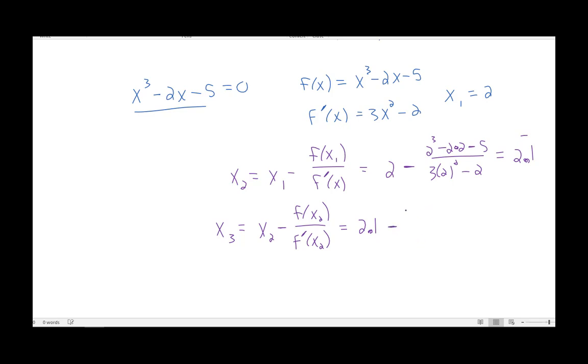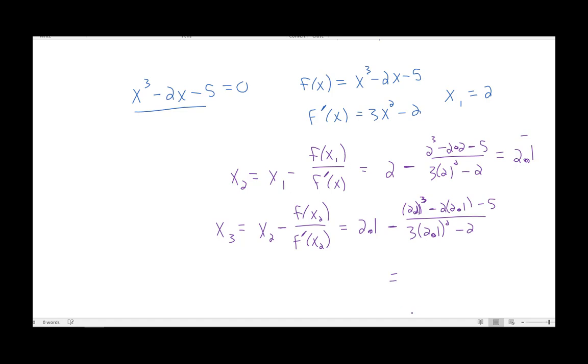So we're going to have f at 2.1. So we're going to have 2.1 cubed minus 2 times 2.1 minus 5 over 3 times 2.1 squared minus 2.